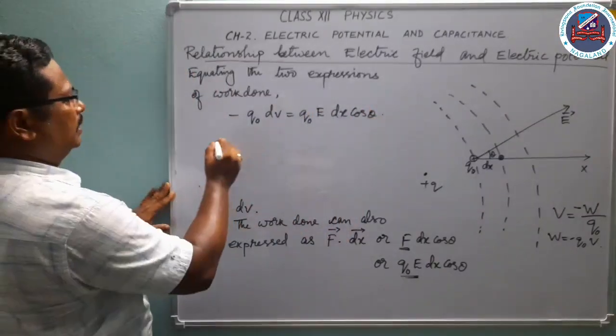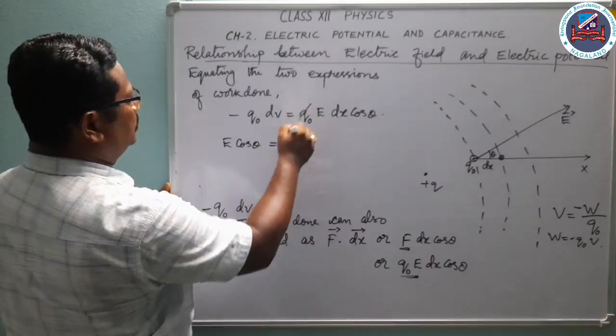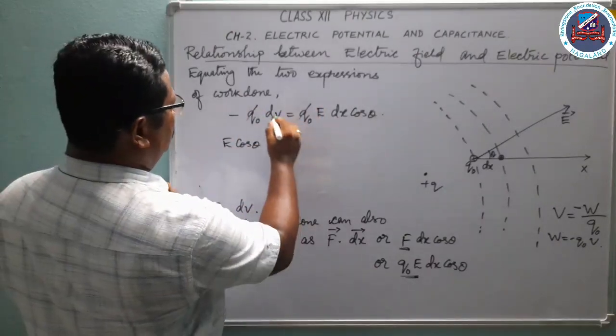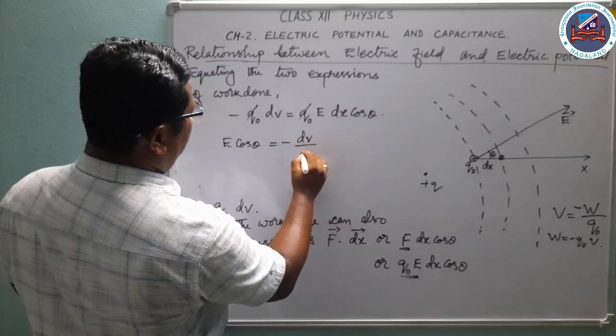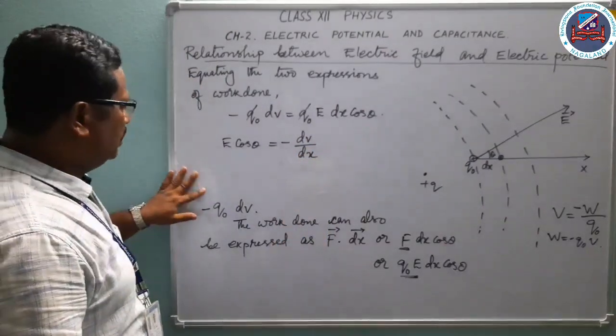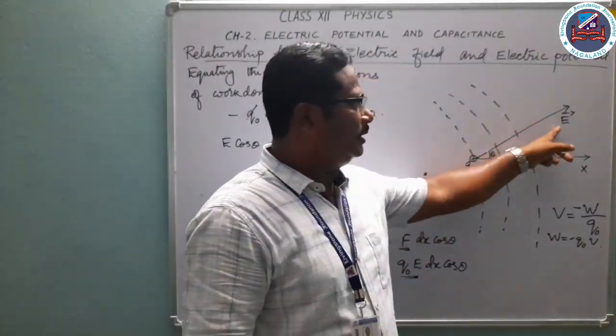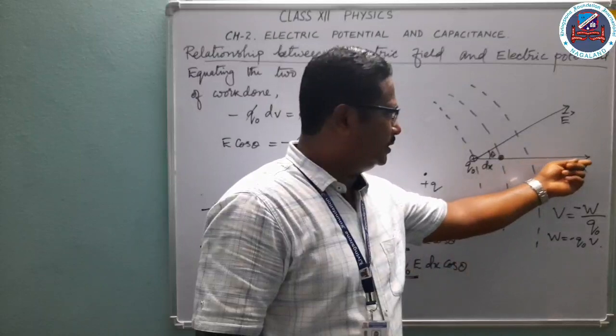The E cos theta will be equal to this, Q naught you can cancel it out, minus dV by dx, you will get it like this. This E cos theta is one of the components of the electric field intensity E along x direction.